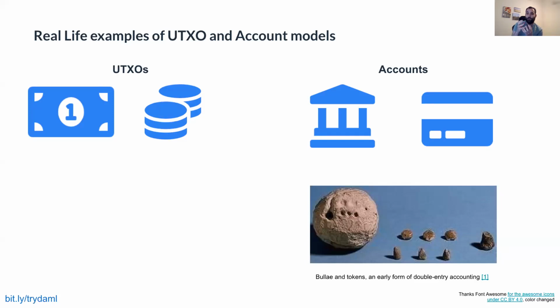You would take the clay when it was soft, press them in, and then put these little rocks inside the clay and let it dry. And now you suddenly have this thing where you can't forge the outside of it and change what it says on the inside. And whenever a debt comes due, you can break it open and have it come due. This is a very interesting model that has some resemblance to the UTXO side as well.